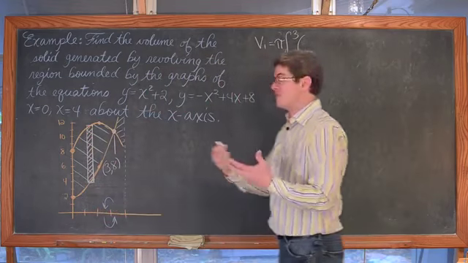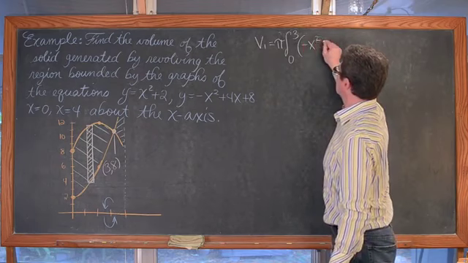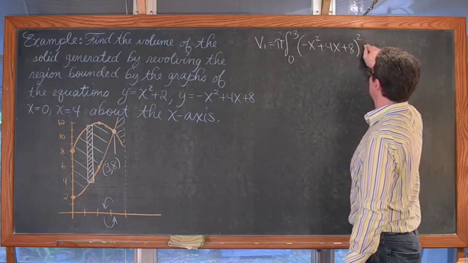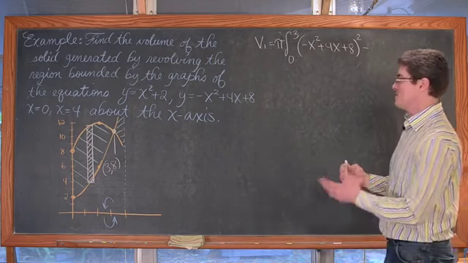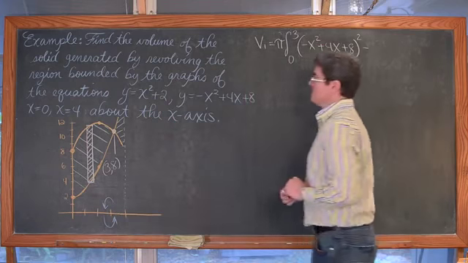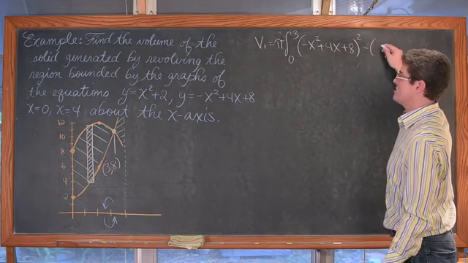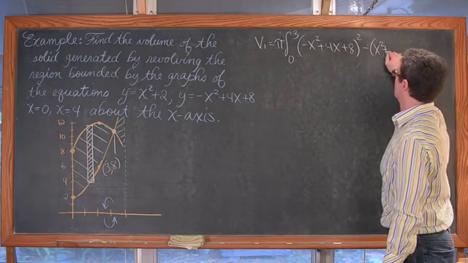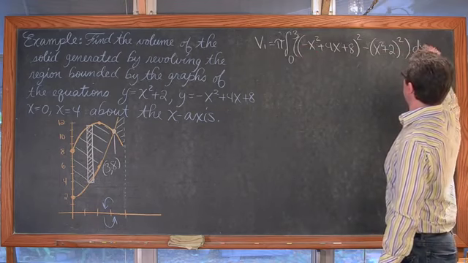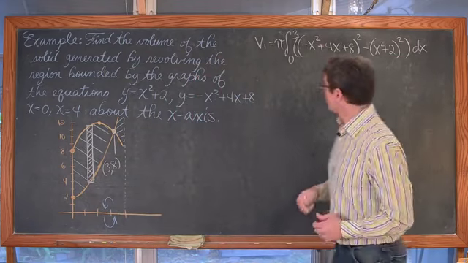So it's going to just be that function squared. So we've got negative x squared plus 4x plus 8 squared minus that inner radius, which is this function, and again we're referencing it from y equals 0, so it's just that function being squared. And this is all, of course, integrating with respect to x, because we have a horizontal axis of rotation.